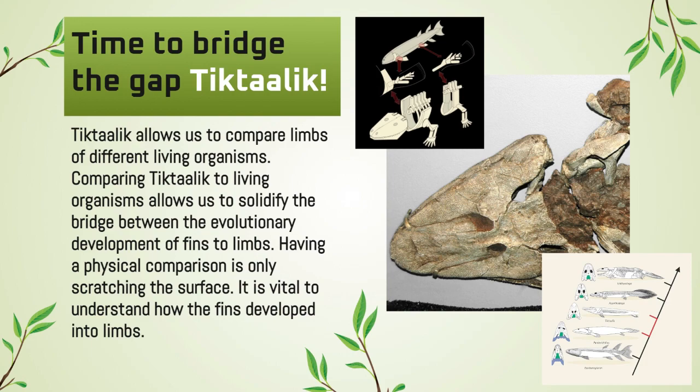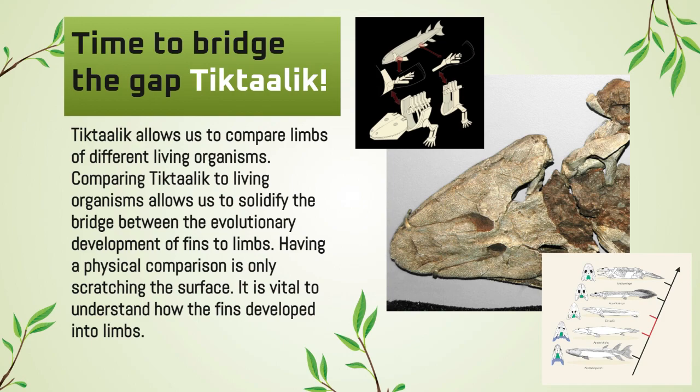Having a physical comparison is only scratching the surface, and it is vital to understand how fins developed into limbs. On the bottom right-hand corner, we have an image of a phylogenetic tree. You can see at the very bottom of our phylogenetic tree, we have a fish with fins, and at the very top, we have our tetrapod with limbs. And Tiktaalik has a special place within the phylogenetic tree.